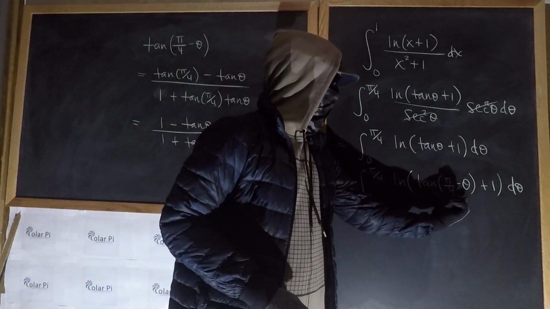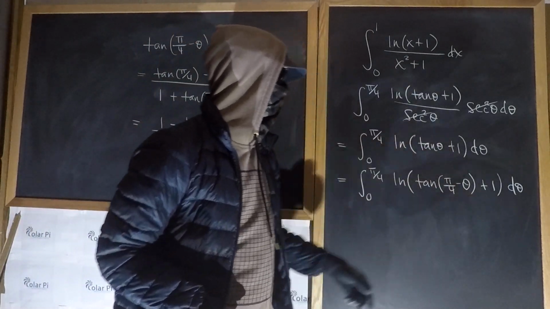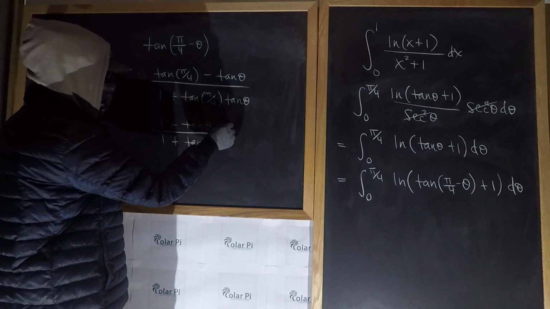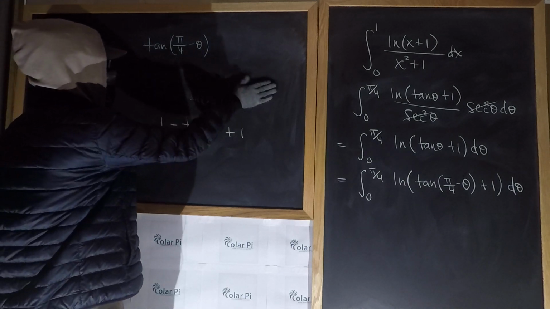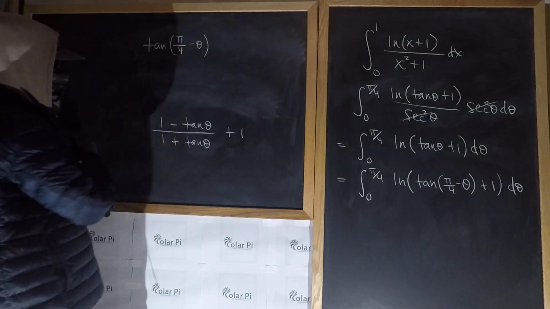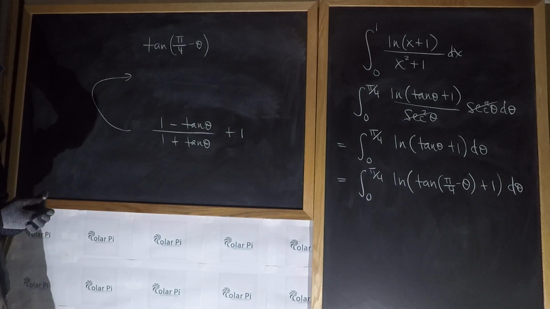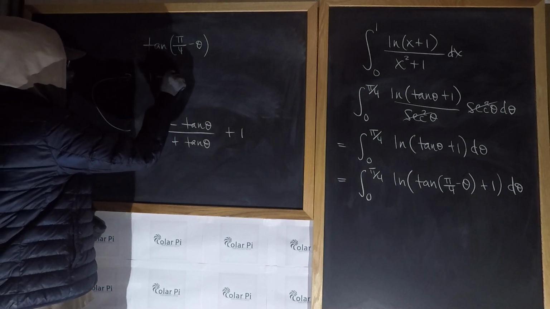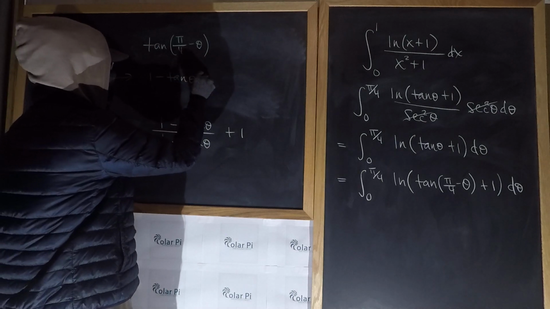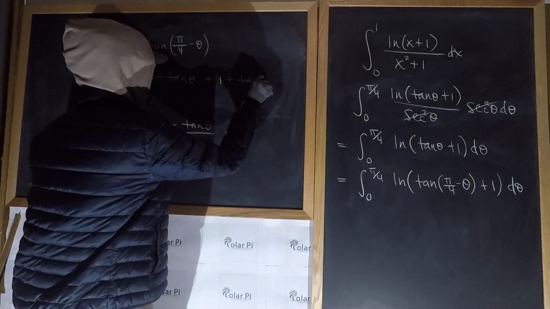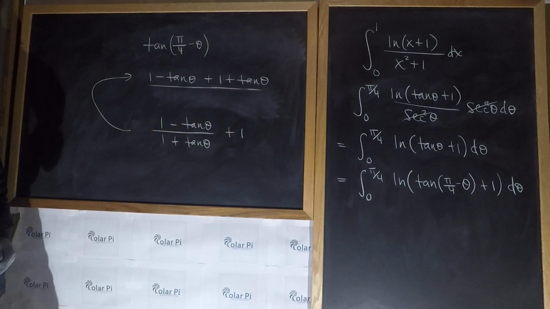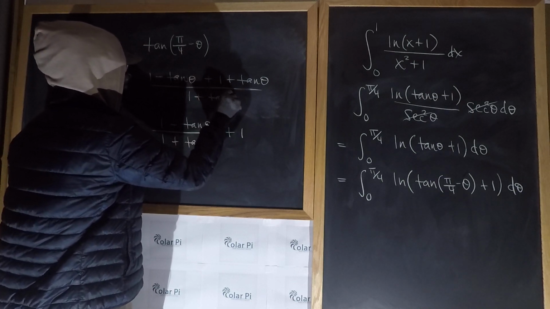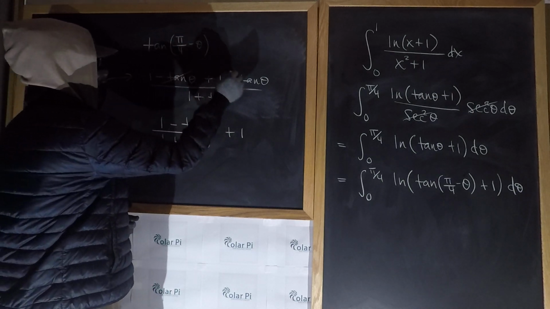But in the argument of the natural log is not just that, but we also have the plus 1. So let's get rid of this equality, but we could put the plus 1 here and work from that, right? Okay, let's make space here so we can do this, right? Now, this says with the plus 1, it's equal to 1 minus tan theta, plus 1 plus tan theta, all over the common denominator now of 1 plus tan theta, right? Okay. All right, now this happens, right?